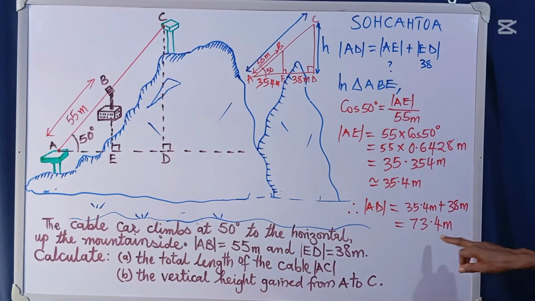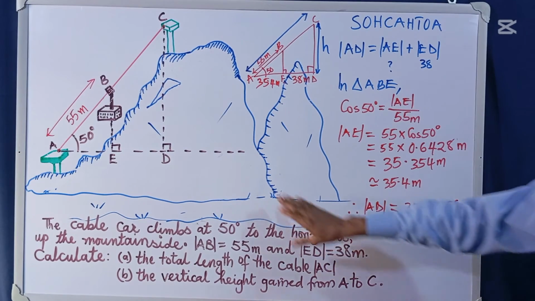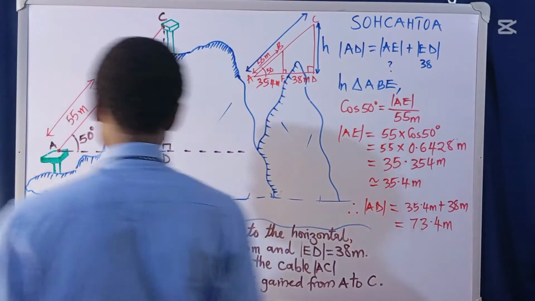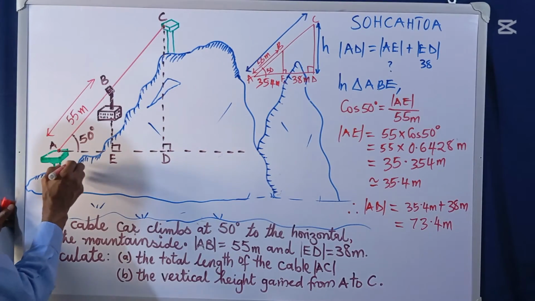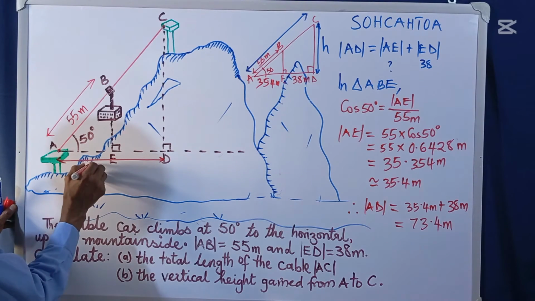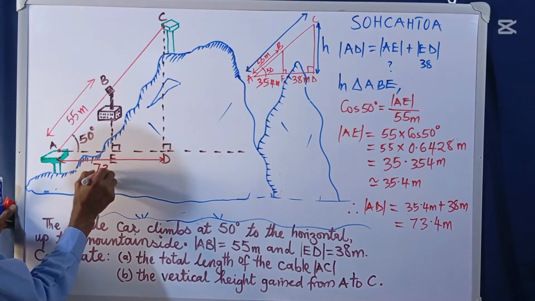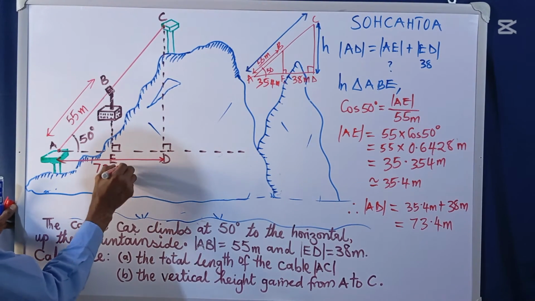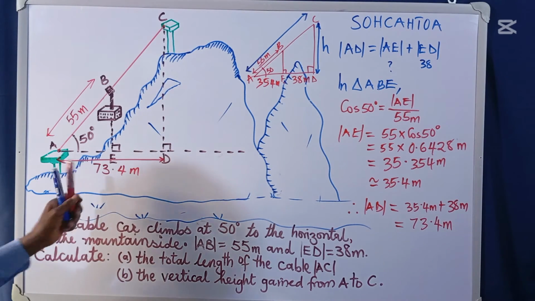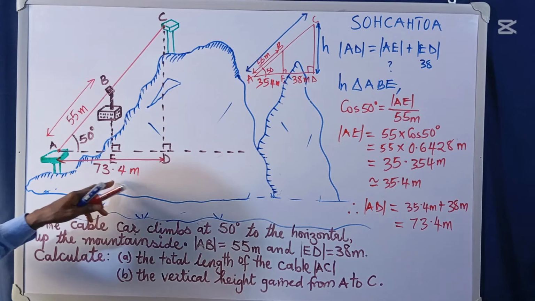Okay, now that we know this length, I don't want to clean off this diagram, so I will take this off, but let me indicate the full length on the diagram. So we have this full length now on this diagram. So from here to here is 73.4 meter.